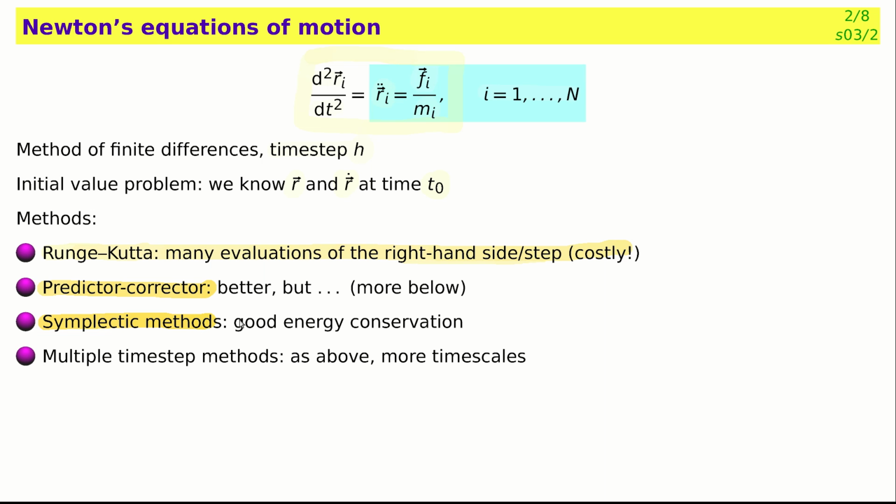They are designed for this special type of equations of motion that have a certain special structure, and their good property is that they have very good energy conservation, essentially the best that we can imagine. That is why we like them. They are also, or at least the simplest method is, so simple that it is widely used and good enough.